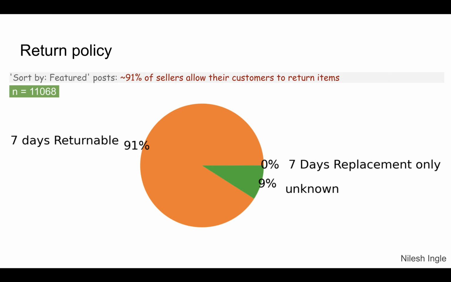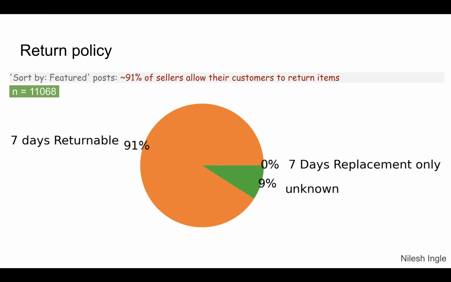Some would give no returns. So there are different types available. And what this particular chart is showing is that 90%, so most of the sellers, allow the customers to return the toys if they don't like it.